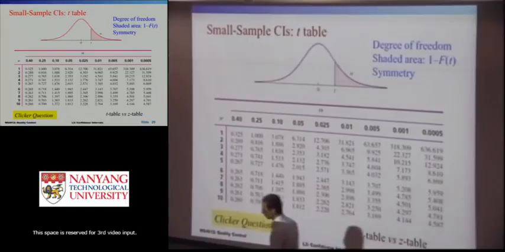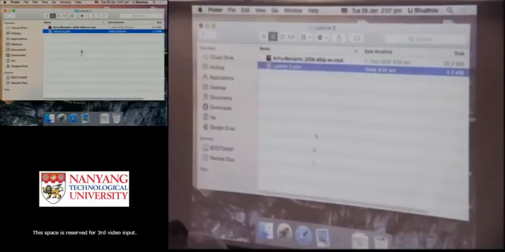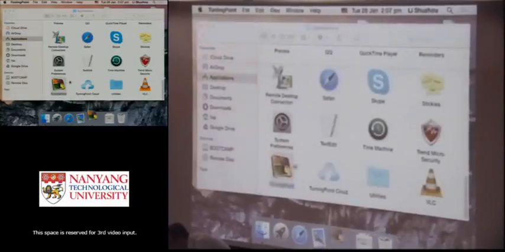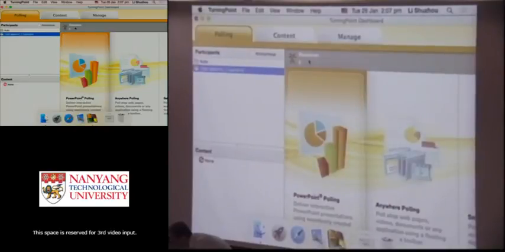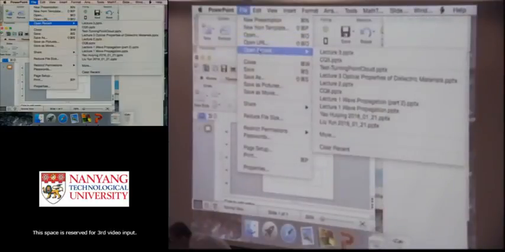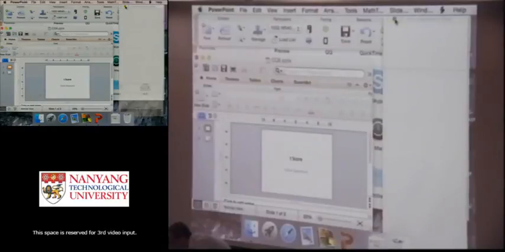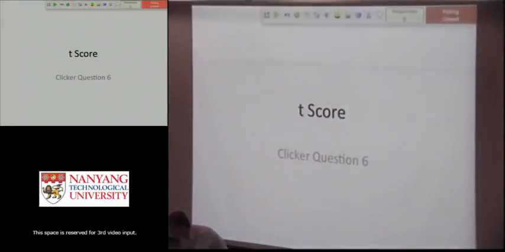Okay? Another clicker question. So this question is about a t-score.